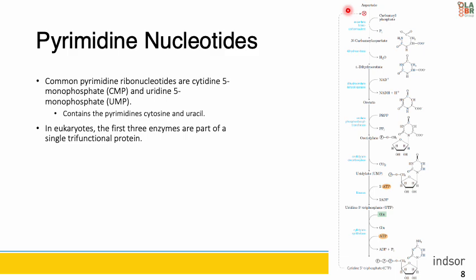Those three enzymes together are part of a single trifunctional protein. This protein, known by the acronym CAD, contains three identical polypeptide chains, each about 230,000 in molecular weight, and each of these has active sites for all three reactions.